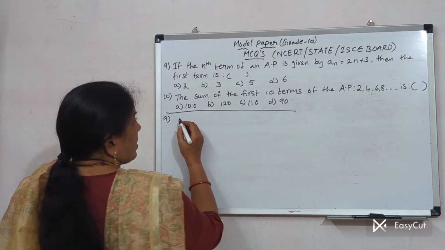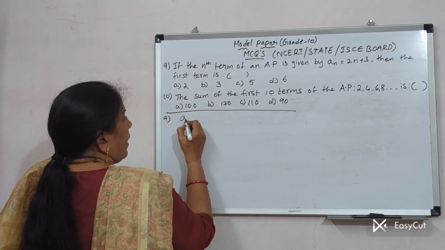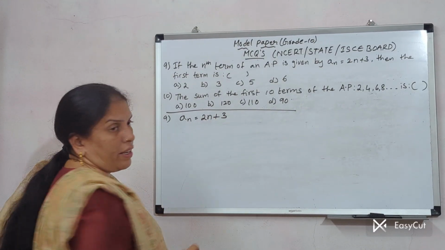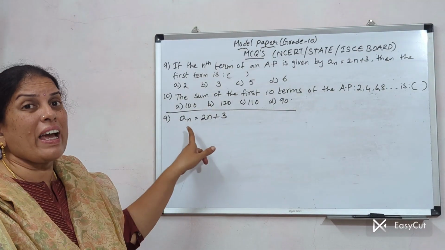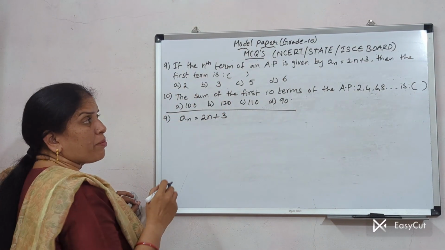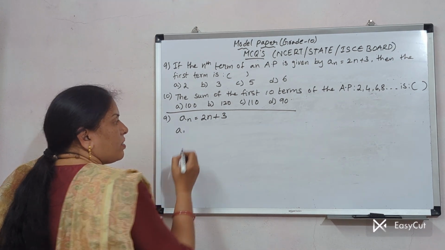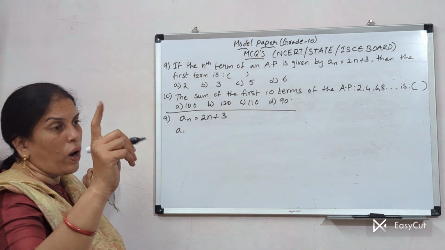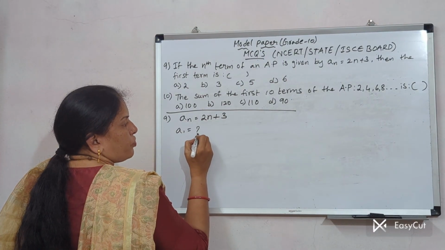What is the formula for finding the nth term? an is equal to 2n plus 3. This is the formula for finding the nth term. Then the first term. The first term is a1. That means n is equal to 1.